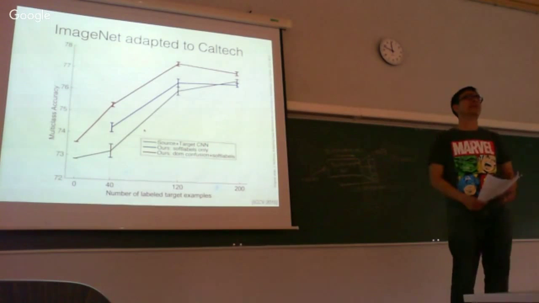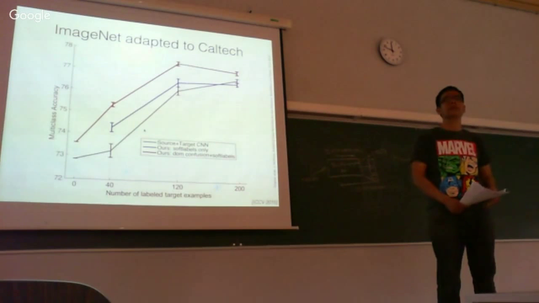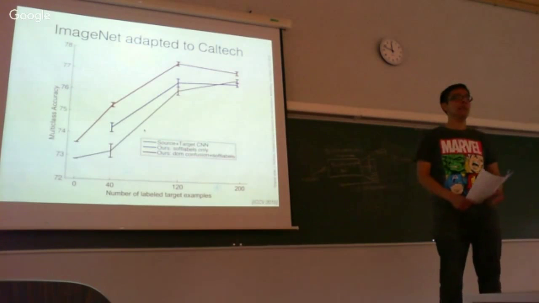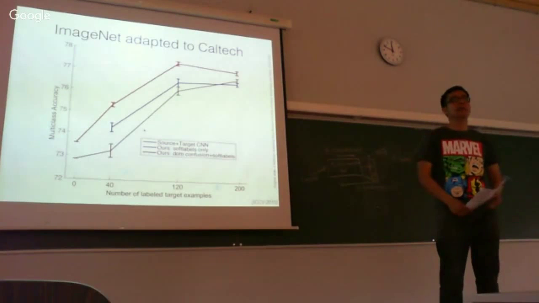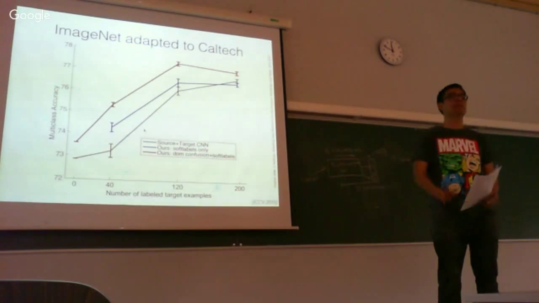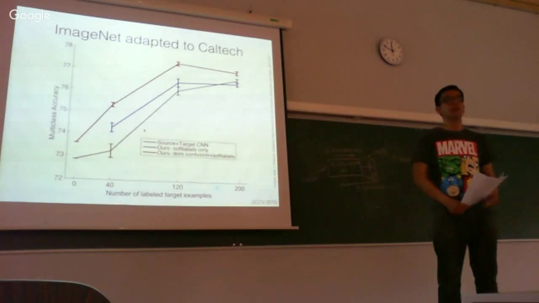So the cited paper, Torralba, did a classifier for domains, for data sets. They were trying to find out which data set an image came from.